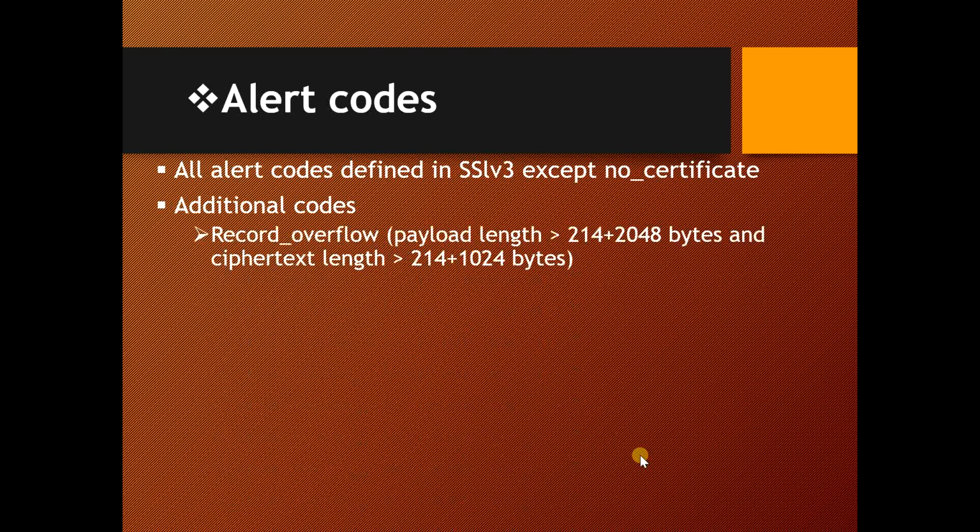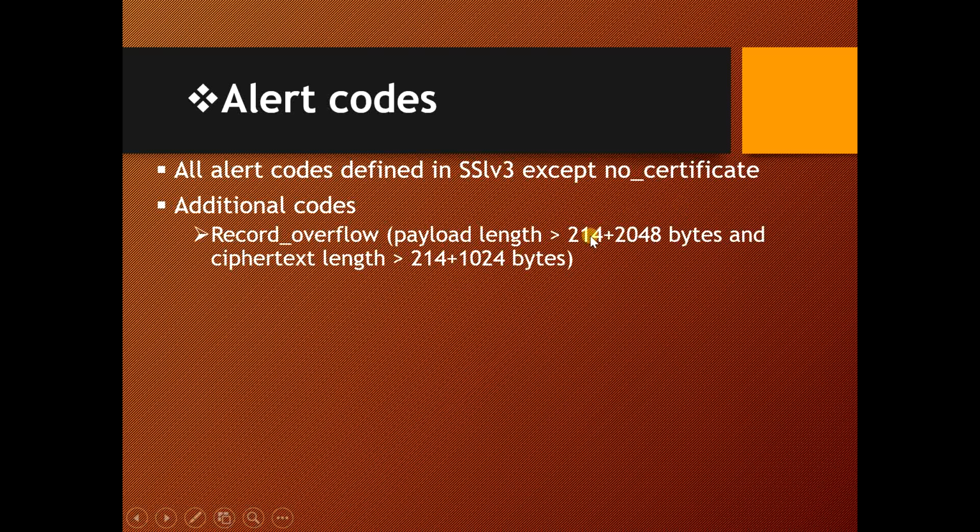First we have the record overflow. This is a TLS record which was received with a ciphertext payload whose length exceeded 2 to the power 14 plus 2048 bytes, or it can be another situation wherein the ciphertext decrypted to a length greater than 2 to the power 14 plus 1024 bytes.